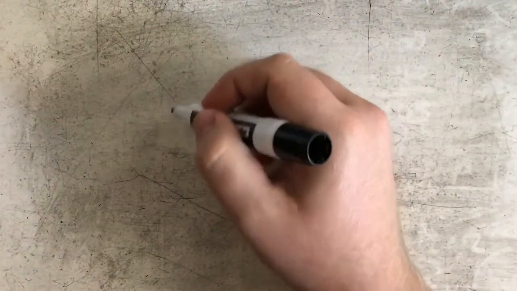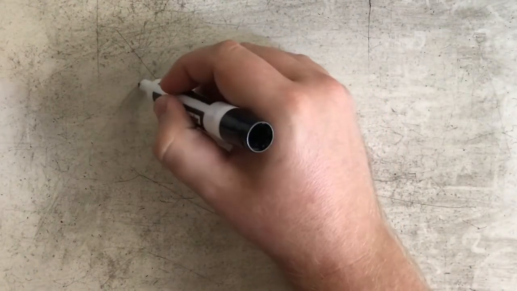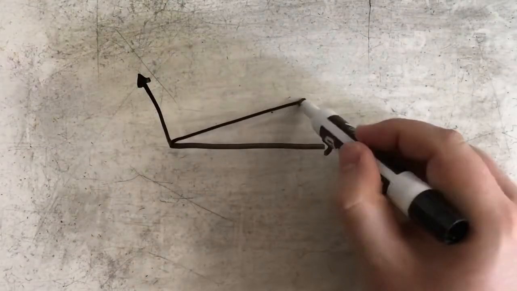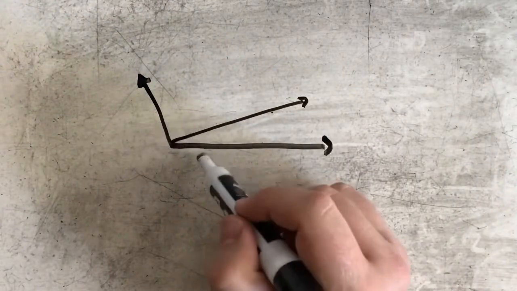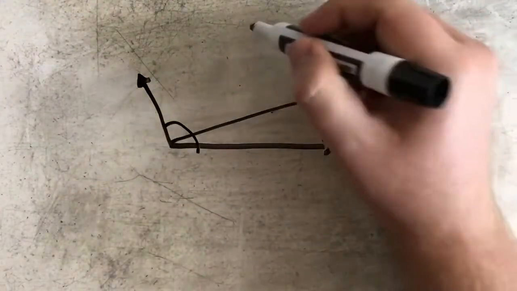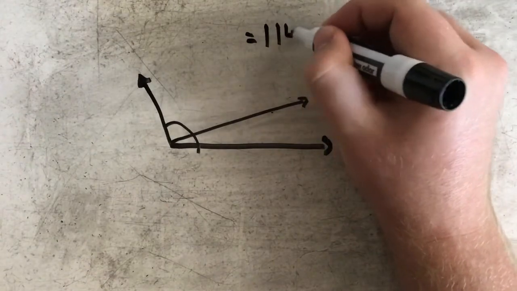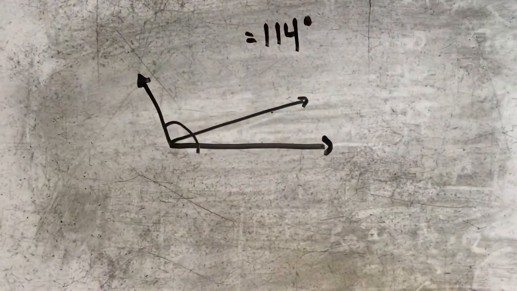Let's do a couple more examples. We'll do another obtuse angle. And this time we'll say that the entire angle measures 114 degrees.